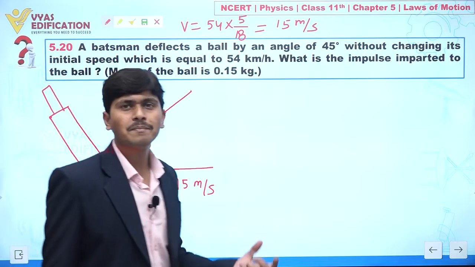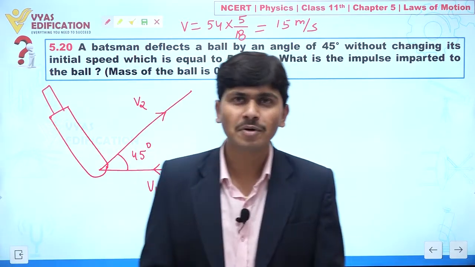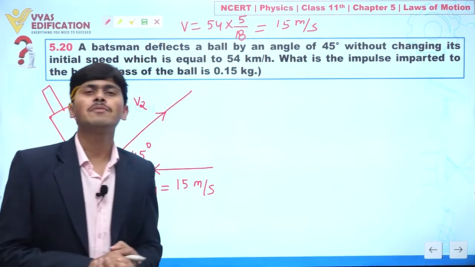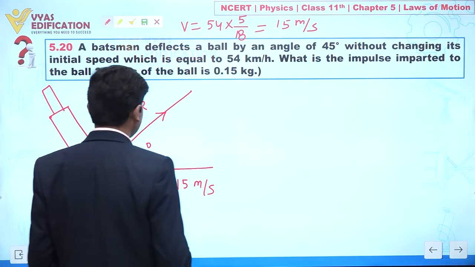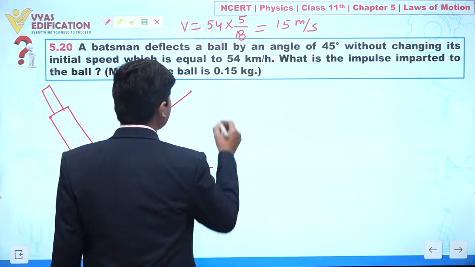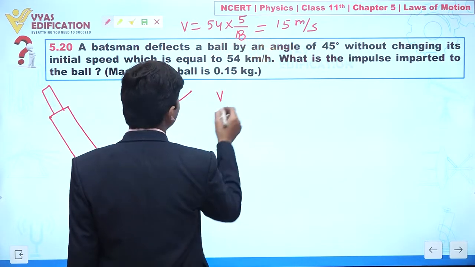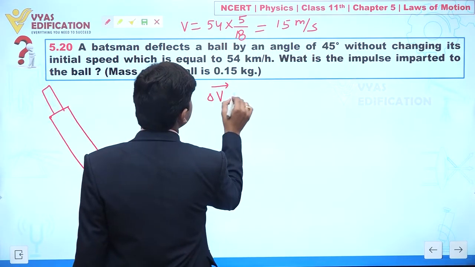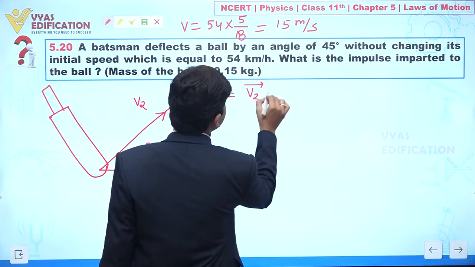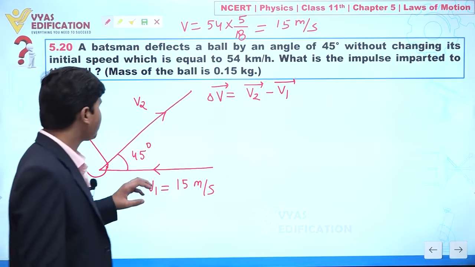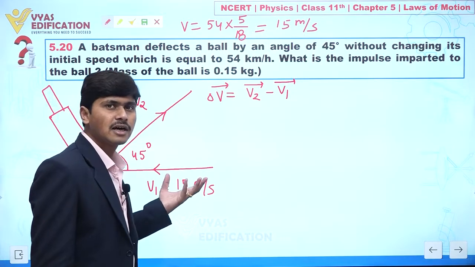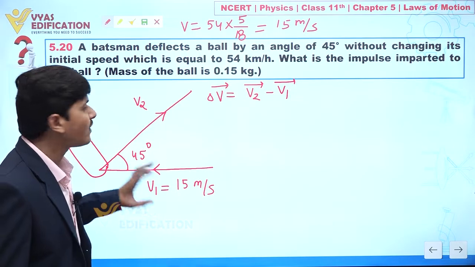Our objective in this question is to calculate impulse. Impulse is equal to change in momentum, so we need the change in velocity, which is final velocity minus initial velocity. Let's draw this in vector form.